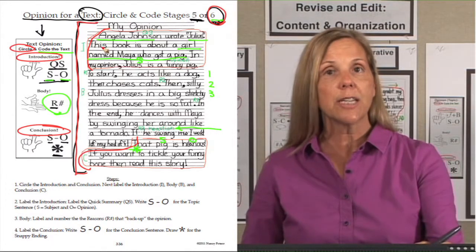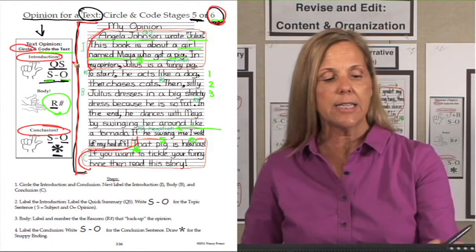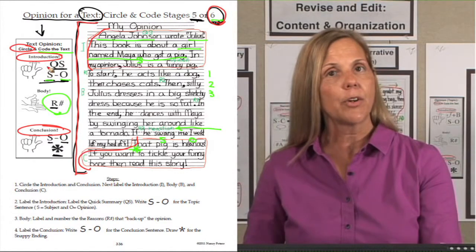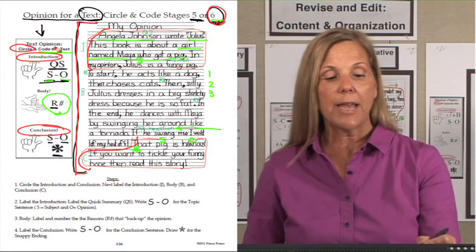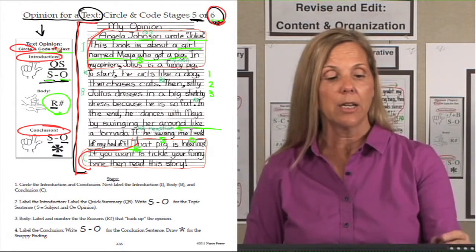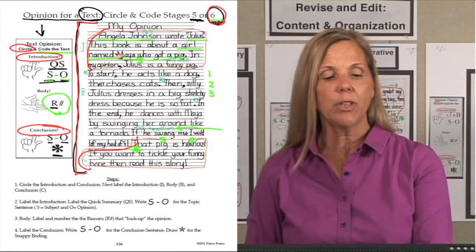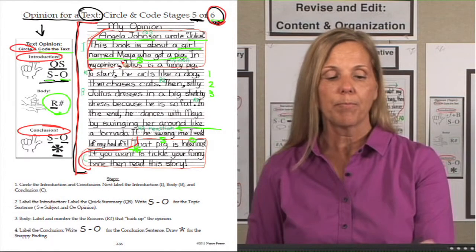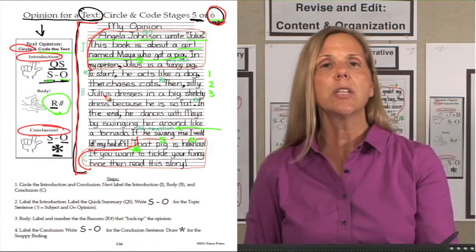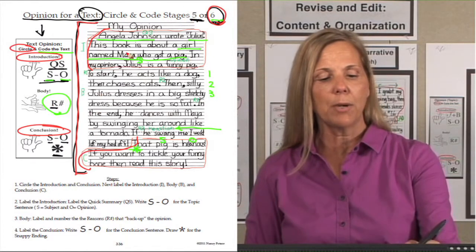The difference in stages 5 and 6 is that the quick summary in stage 5 would only have the author and title. So this would have been Angela Johnson wrote the story, Julius. That would have been the quick summary. This is stage 6, so we included the character and the gist of the story. We go to the reasons in stage 5. You're listing out your reasons to back up your opinion.